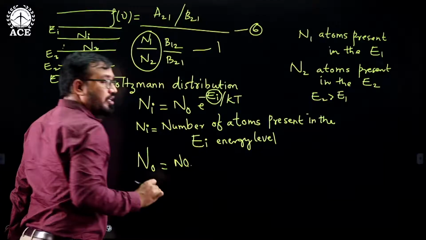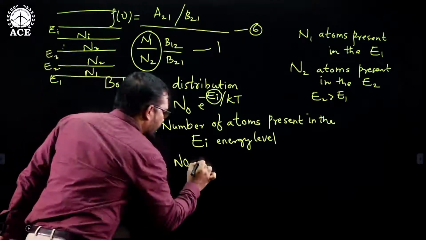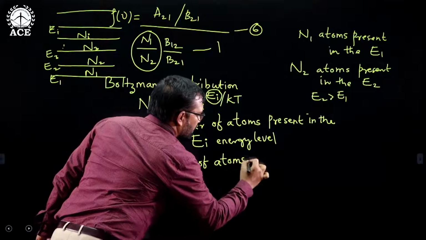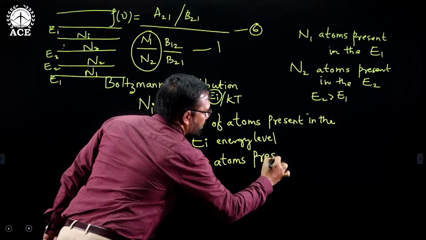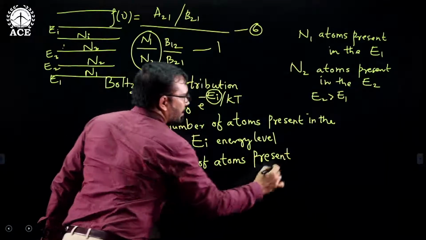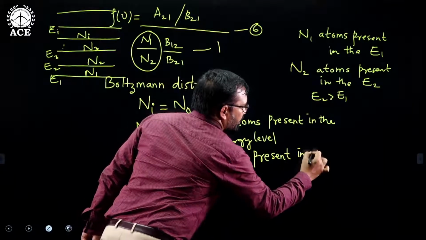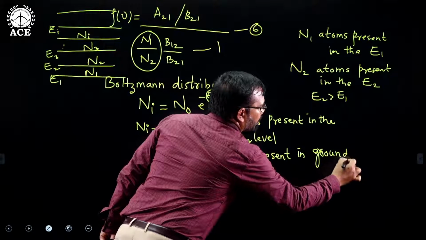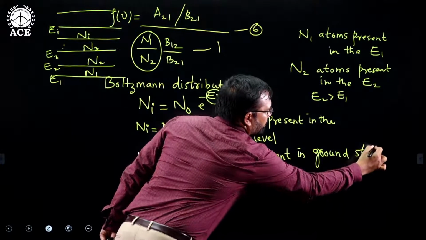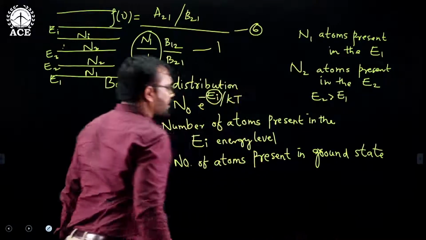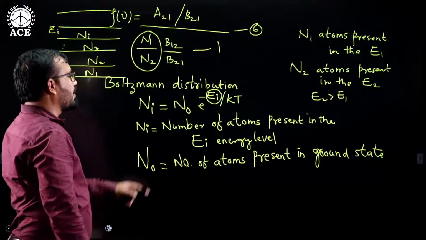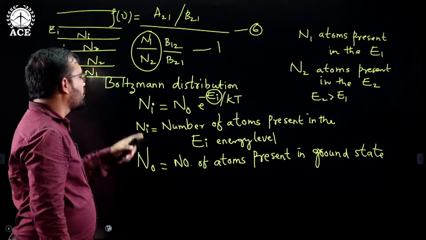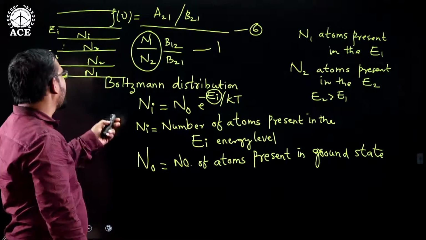I am writing N0 as a shortcut. Next, what is k? The Boltzmann constant. What is T? The absolute temperature. So we have to use this equation in the above one.